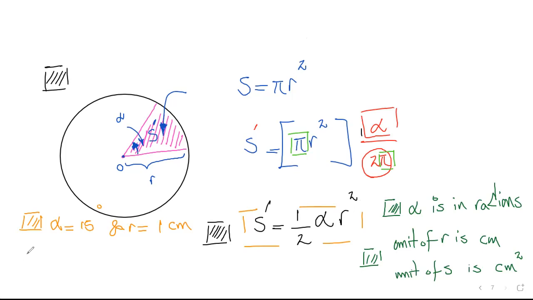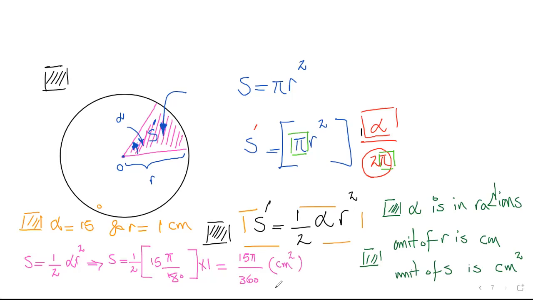You see, it's very easy. We said that S is 1 over 2 alpha r squared. You can get S equals 1 over 2, alpha is 15 degrees, you multiply that by pi over 180, multiply by 1, and it gives you 15 pi over 360, and we use the unit of centimeter squared. You can put that in your calculator to simplify that further.